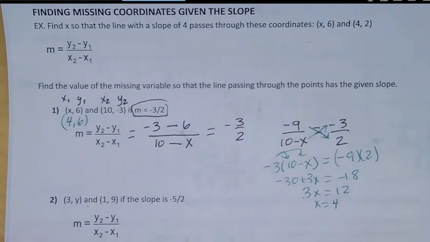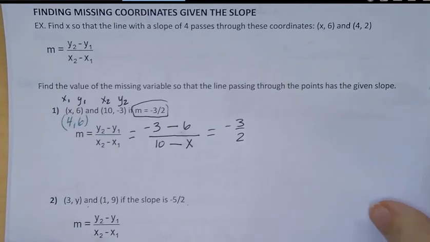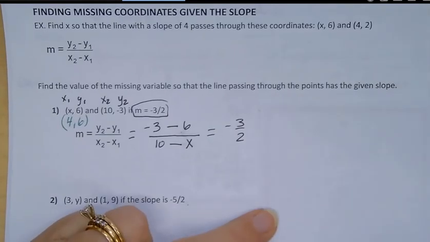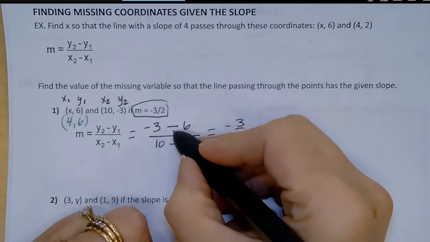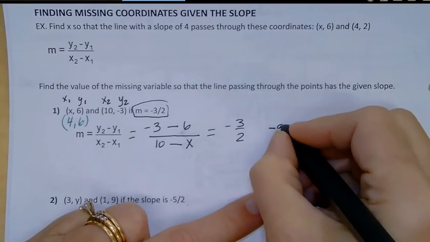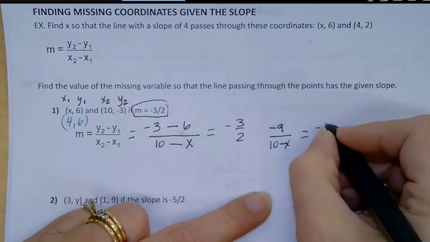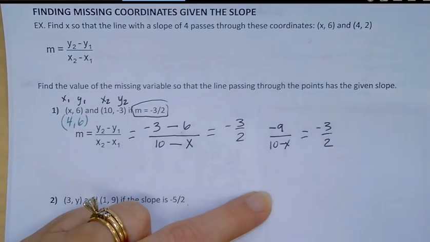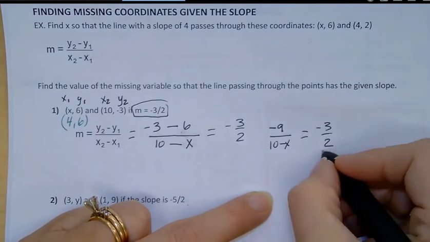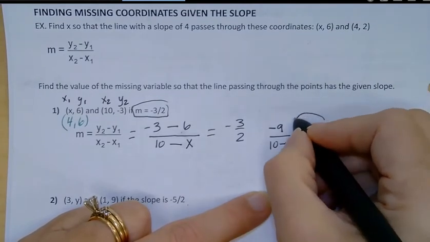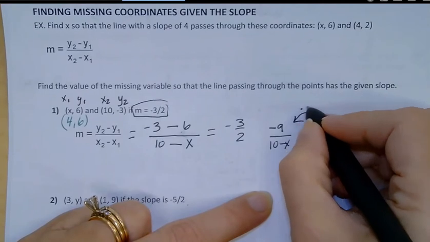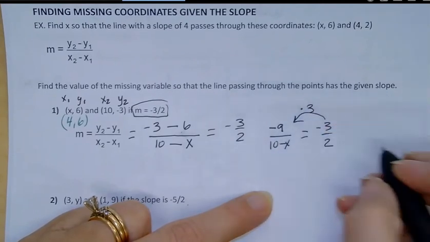Okay, another way to do this problem, if you want to, we know that we have negative 3 minus 6 is negative 9 over 10 minus x equals negative 3 halves. If you can see that there is something obvious happening here, we can say negative 3 times 3 going this way equals negative 9.